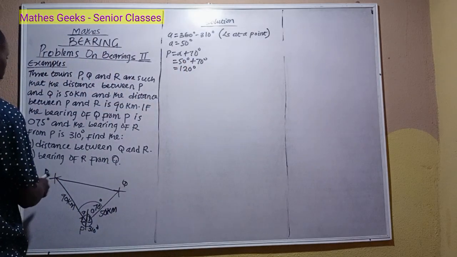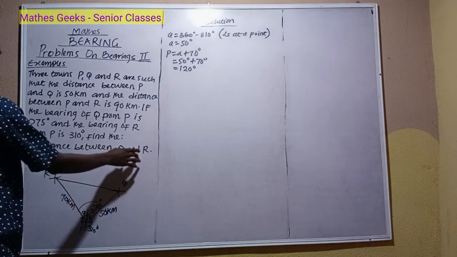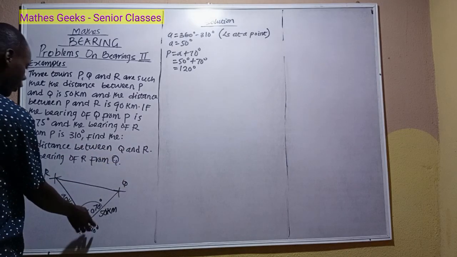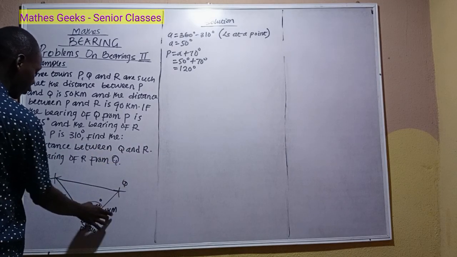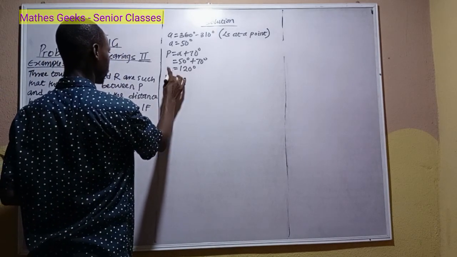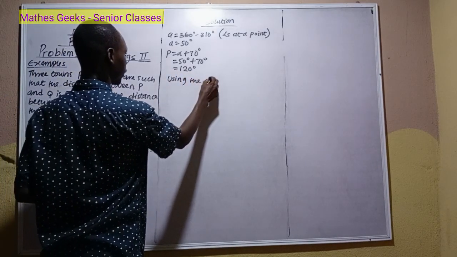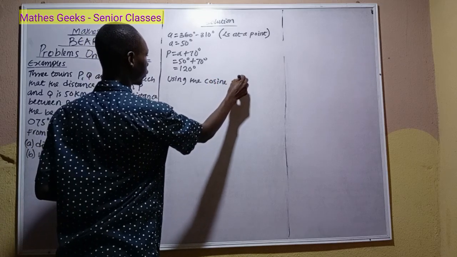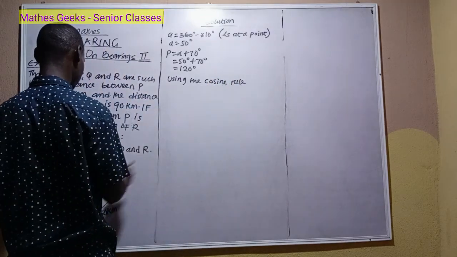The question says find the distance between Q and R. So we have an included angle between two sides, so we use the cosine rule.